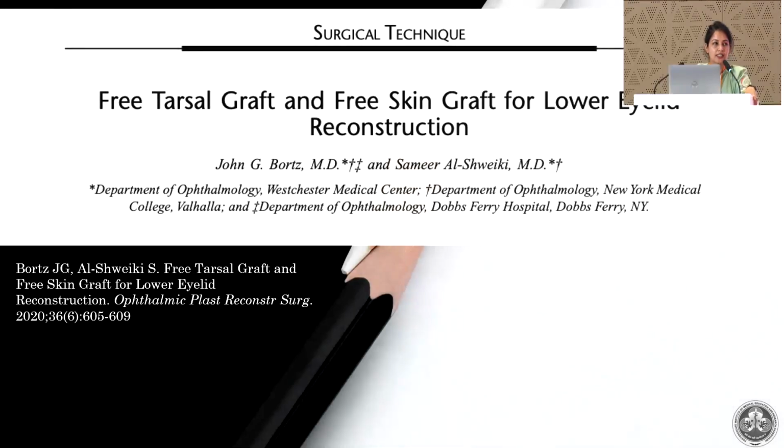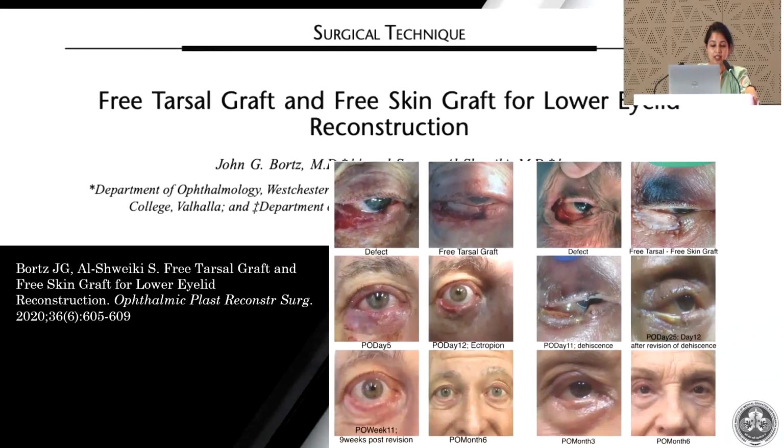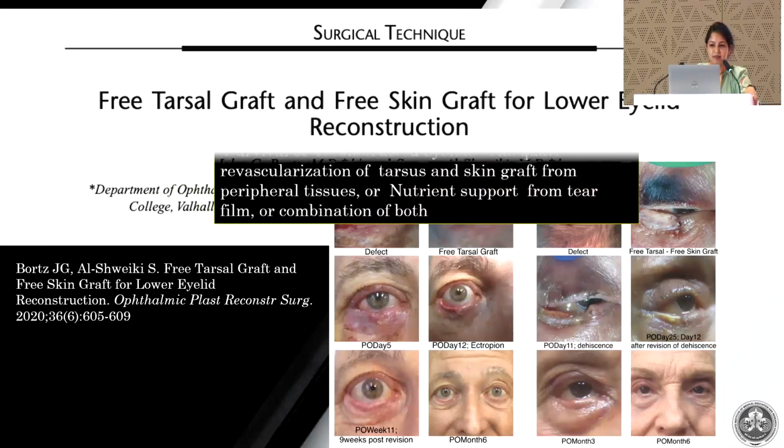So this recently published article in OPRS called into question the long-term belief that intact vascular supply is needed for the graft survival. Here the authors used free tarsal graft and free skin graft for lower eyelid reconstruction, with virtually no vascular supply. And surprisingly, graft uptake was seen in all the 4 cases.